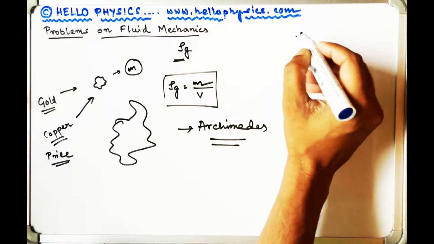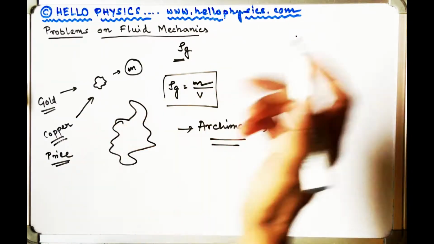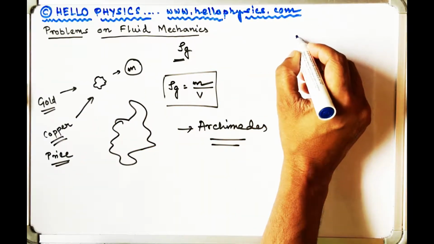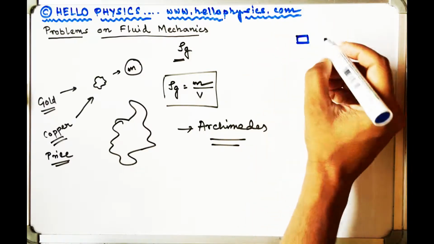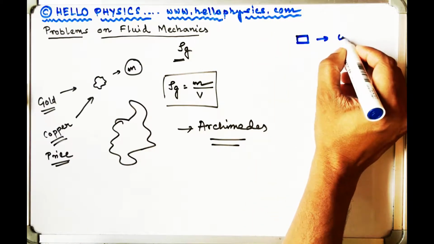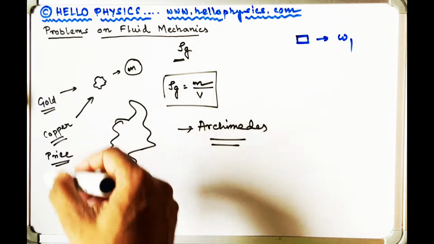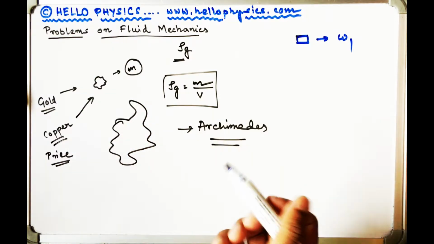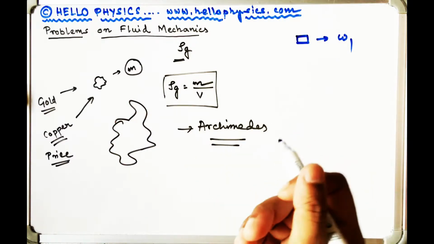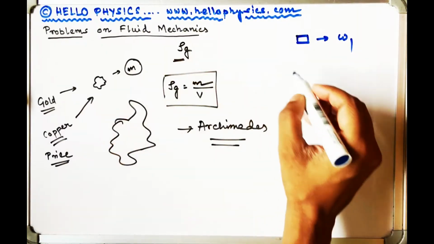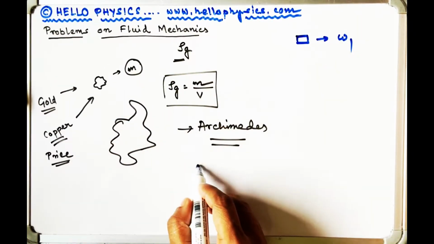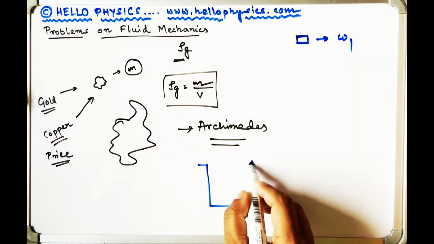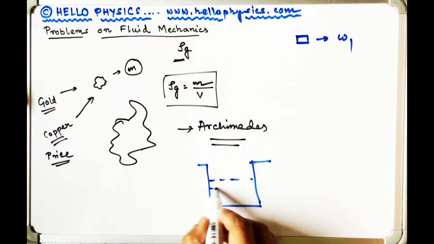So let's say you purchase an object made up of gold, okay? Let's say this object, and it weighs W1 when you weigh it in air. So you take the object and measure its weight in air. It measures W1. Next, you take a tank full of water.